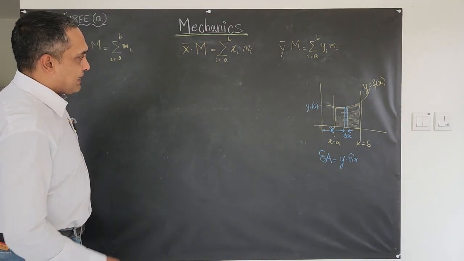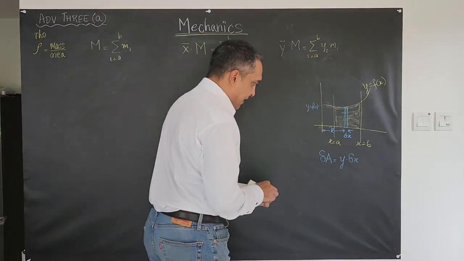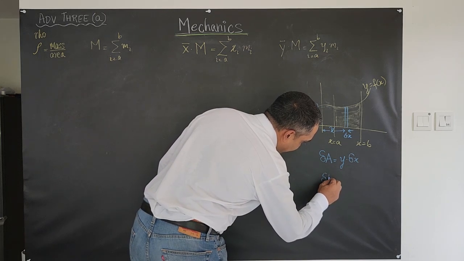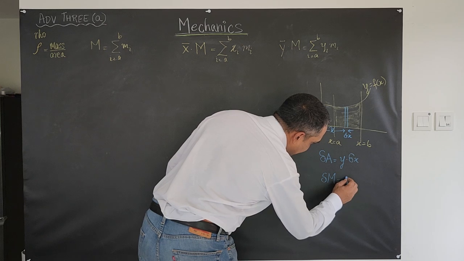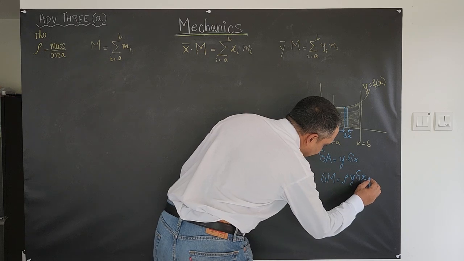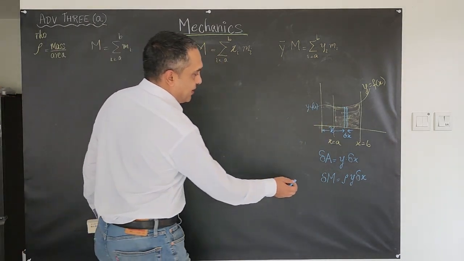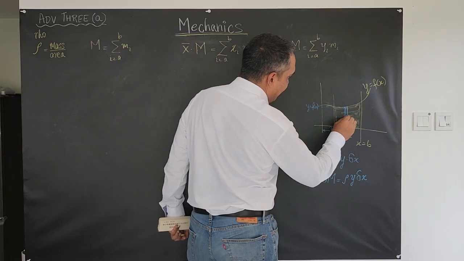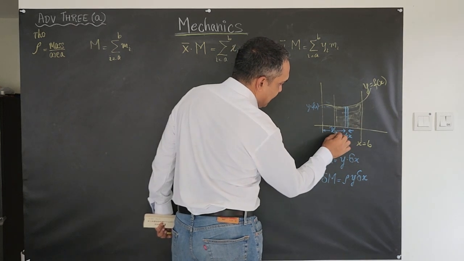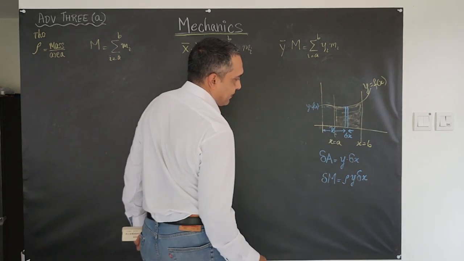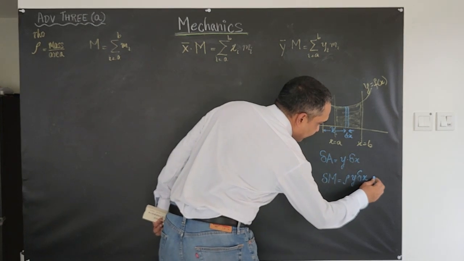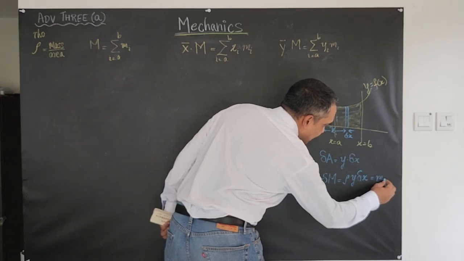So if that's the mass, then I can come back here and write delta of mass is equal to rho times y times delta x. And if this segment was my i, then all of this would be applicable for that tiny piece of mass at m_i.